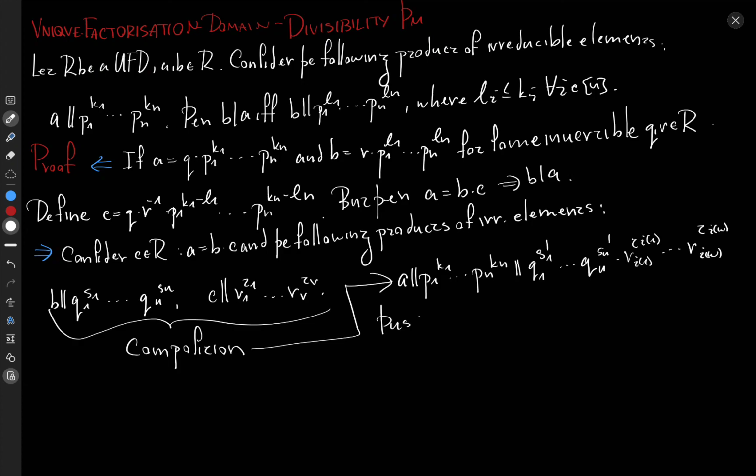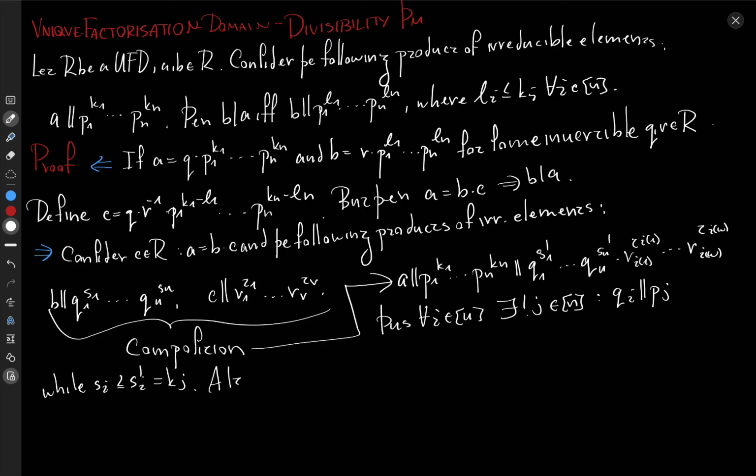Thus for all i in U, there exists some uniquely given j from the set of integers from 1 to n, such that Qi is associated with Pj, while Si is smaller or equal to Si prime, which is simply Kj, right, from up here, because the factorization is uniquely determined.